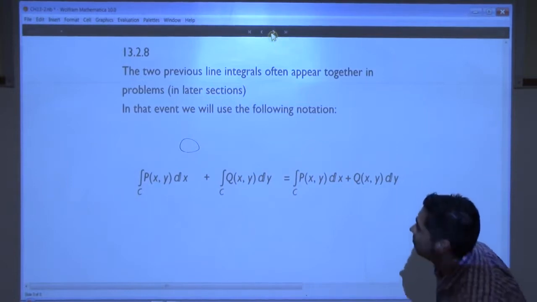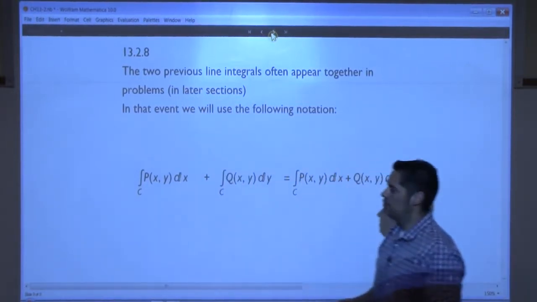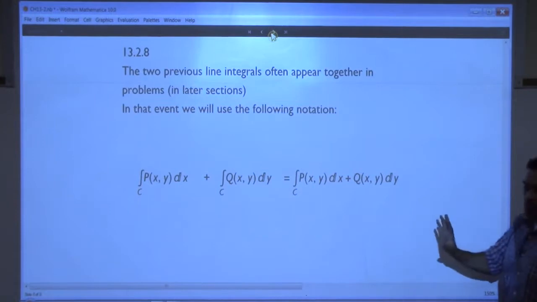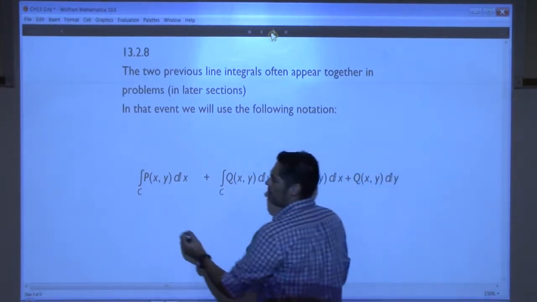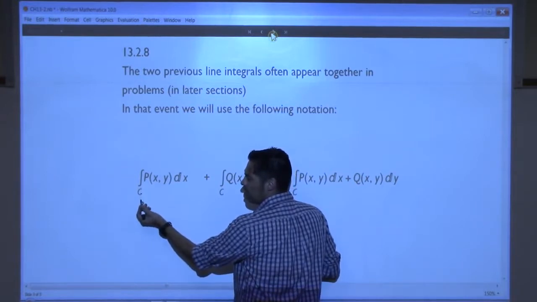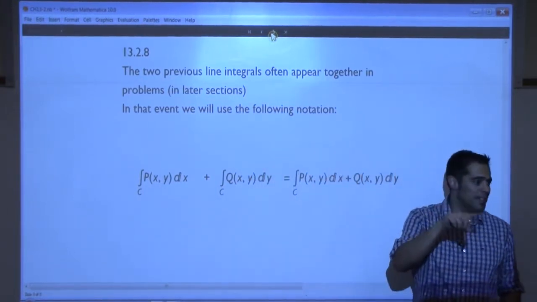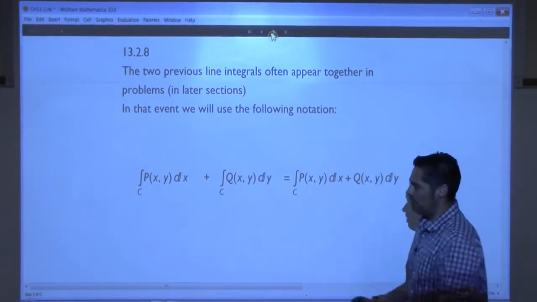Now later on, in later sections, we will use this as part of what's called Green's theorem. And just so we get some notation straight, if you take the line integral over the curve C of P of xy, now P is just the name of the function, like we've been using f of xy, capital P later will be just the name of some special thing.